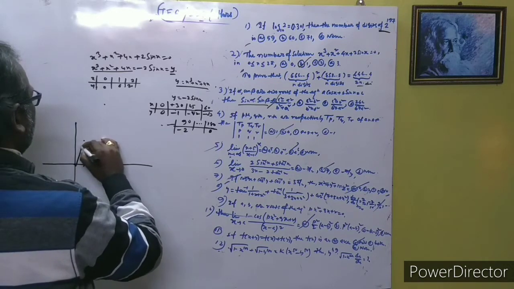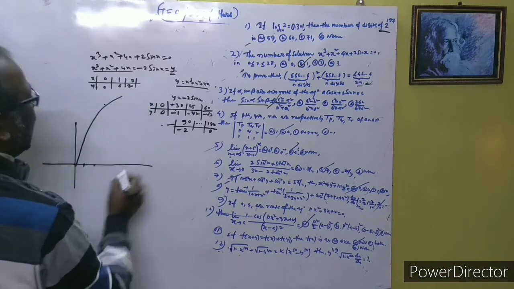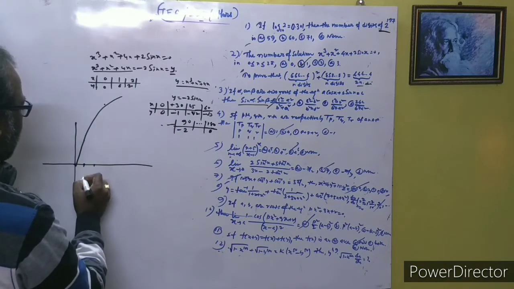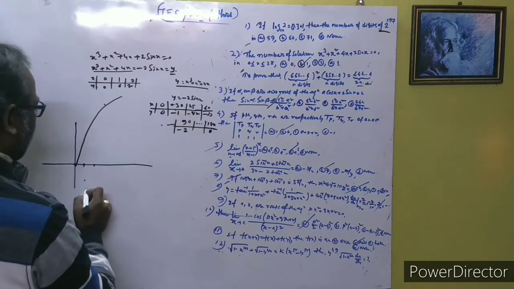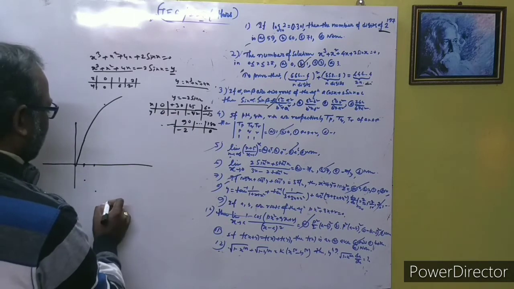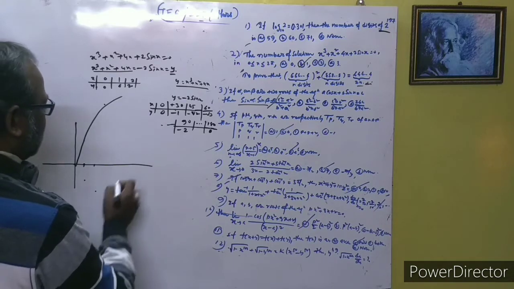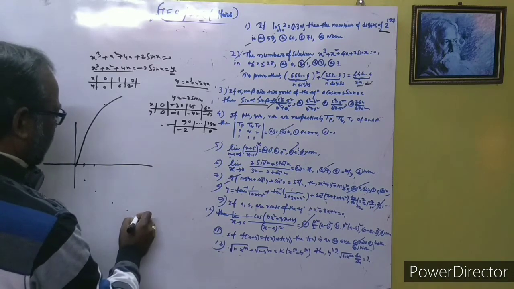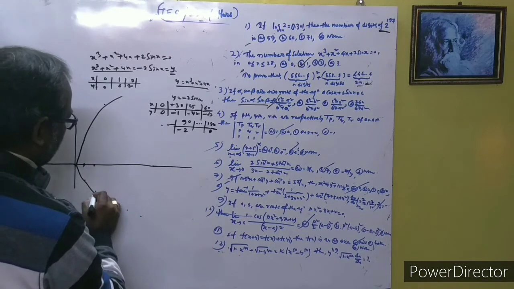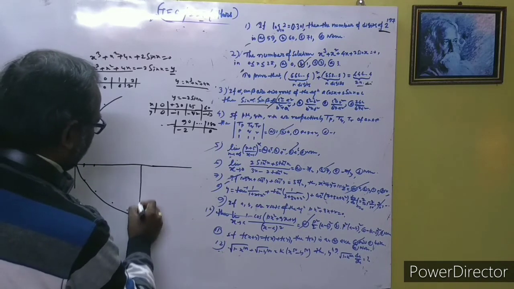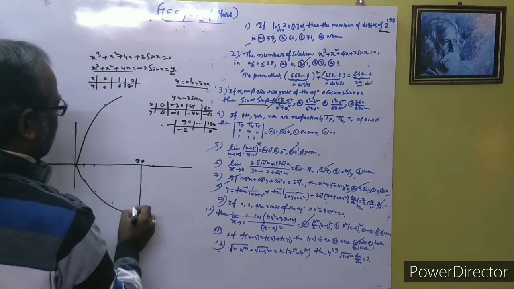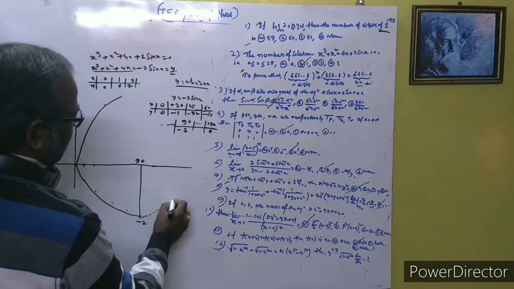So this is the curve. And for the other curve, you have 0, then at 30 it is minus 1, at 45 it is minus root 2, then minus root 3, and then minus 2, which is the most negative, at 90.